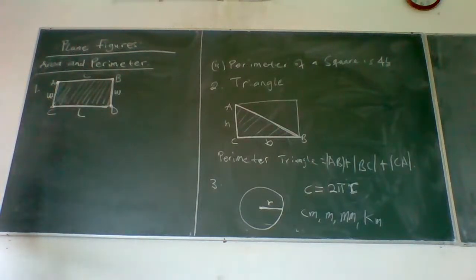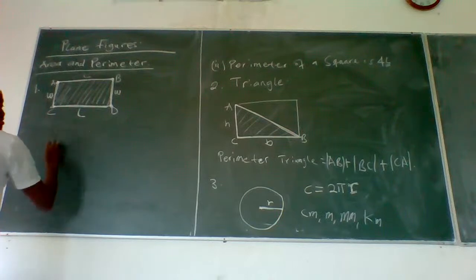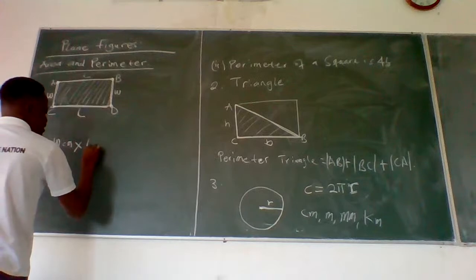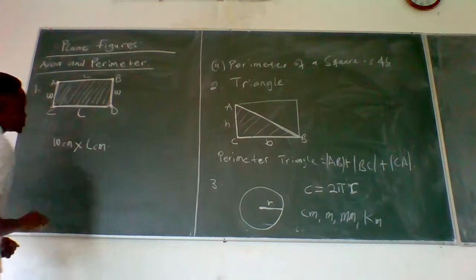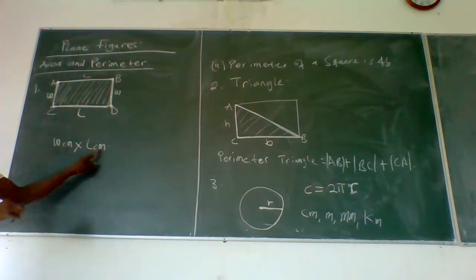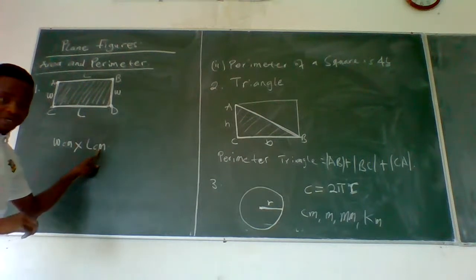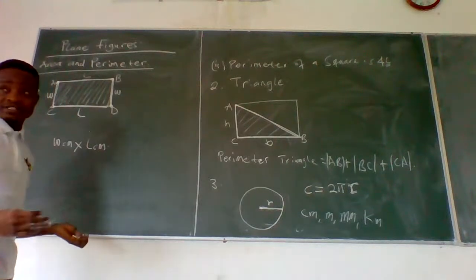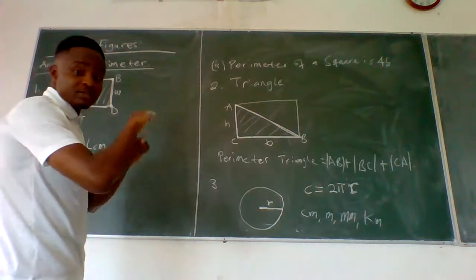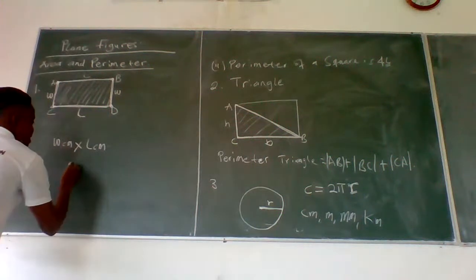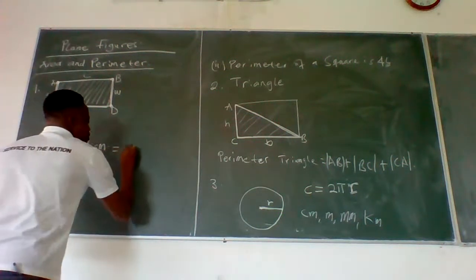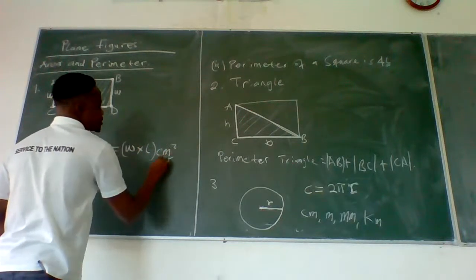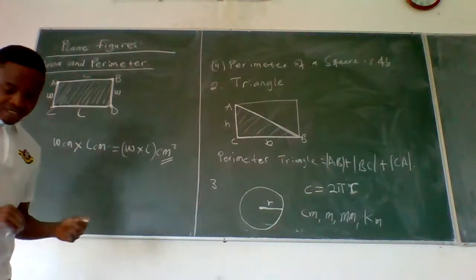So let's say we are multiplying W centimeter times L centimeter. Centimeter multiplying centimeter will give you centimeter square. It's like 2 times 2 is the same as 2 square. That's why area is measured in square units, W times L centimeter square.